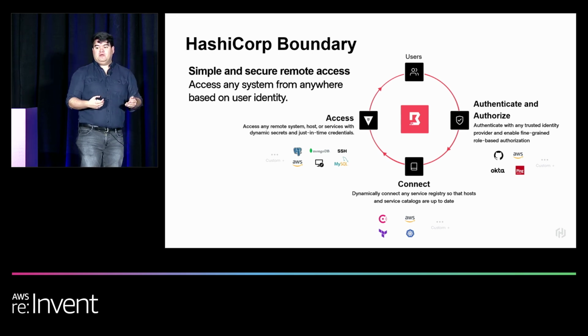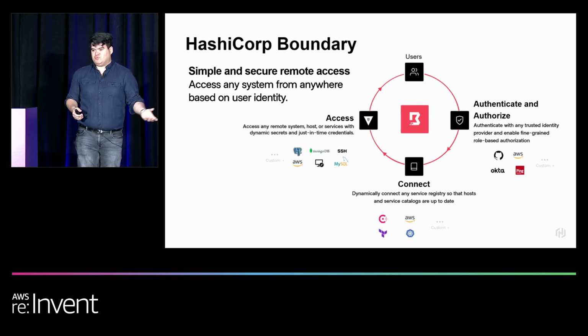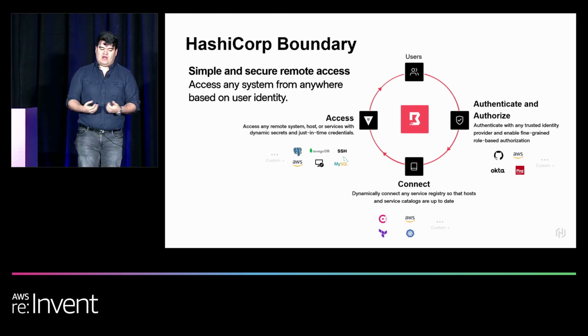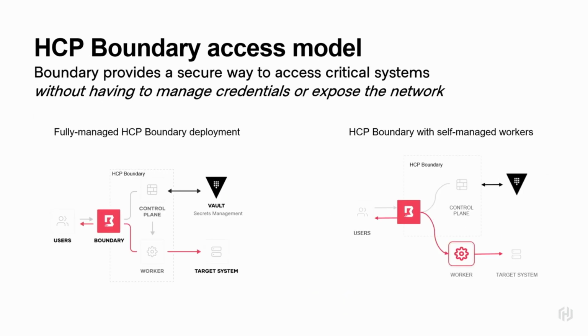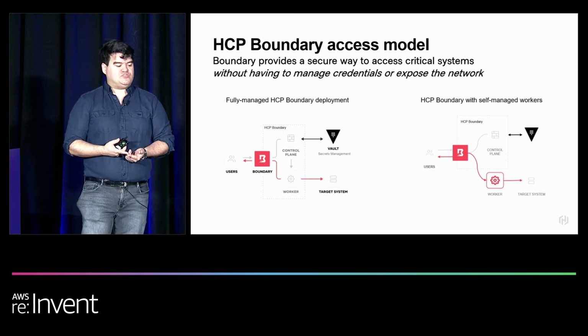So maybe zero trust is something you focus on in such a way that you have differences in your infrastructure and applications, and maybe you don't need Vault. Maybe I just want Consul or Boundary, or maybe I just want Consul. That's okay. Our products are built in such a way to accept all types of platforms. So what's interesting is we talk about HCP Boundary versus a self-managed version of Boundary.